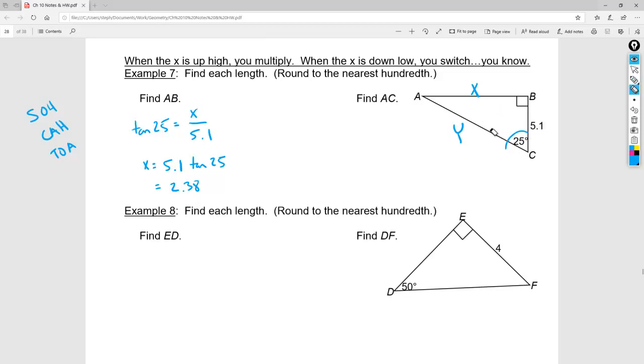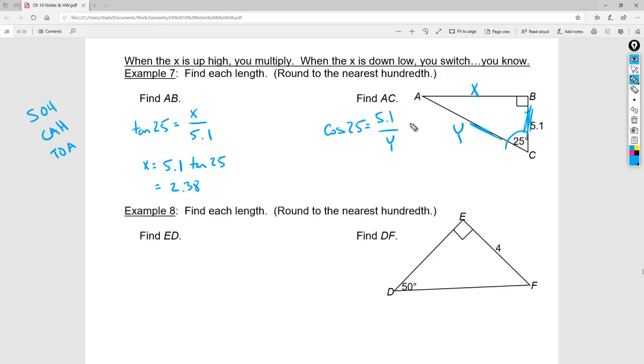Now I need a relationship between my adjacent and my hypotenuse. So I look over here, adjacent and hypotenuse, that's going to be cosine. So I know that cosine of 25 is going to be 5.1 divided by y. Same thing as before.